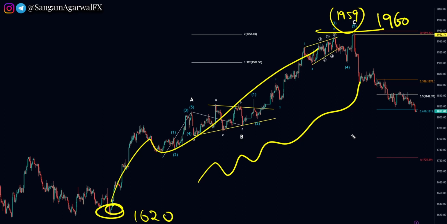And when this happens, when you have multiple extended waves, price action after the top is always vertical.